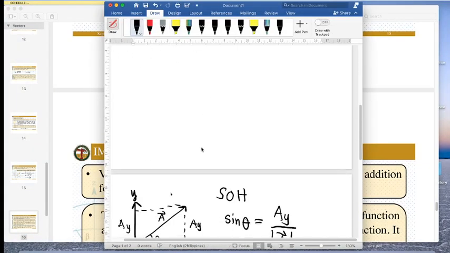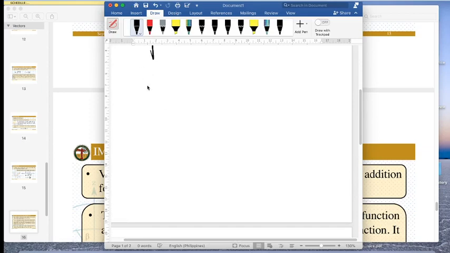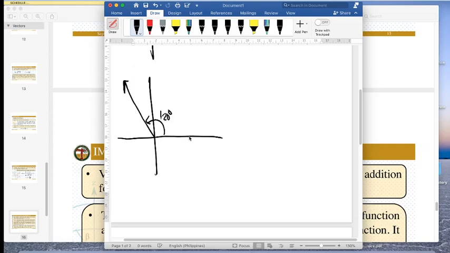So for example, you have here a vector. You anticipated that your vector is pointing at a 120-degree orientation. But the theta your calculator calculated is negative 60 degrees.